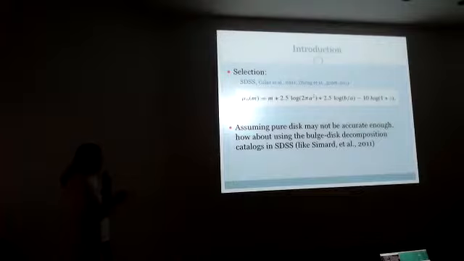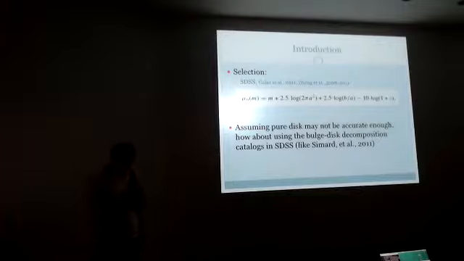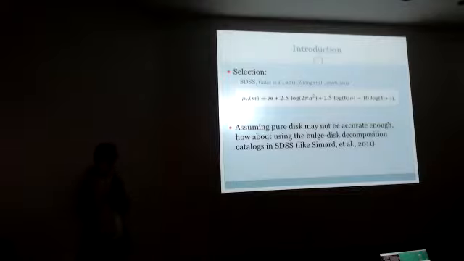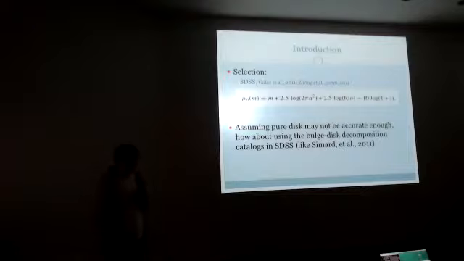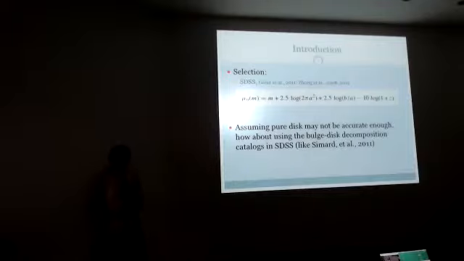People have studied the SDSS galaxies, trying to build a catalog of low surface brightness galaxies. The way they did it back then, they didn't have the detailed bulge-disk decomposition method, so they just assumed that the galaxy is a pure exponential disk, ignored the galaxies that might have big bulges, and then used the total magnitude to estimate the extrapolated central surface brightness.